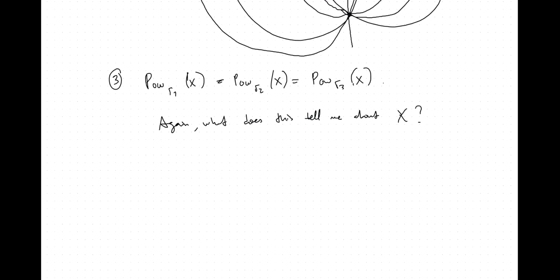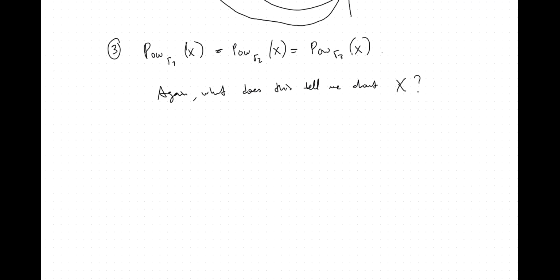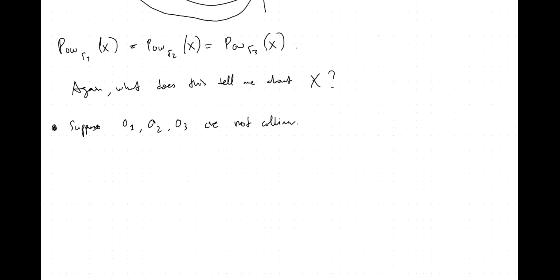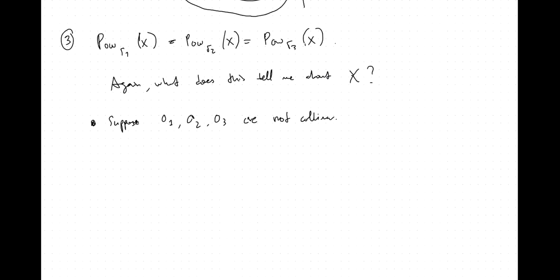Again, let's suppose, for the non-degenerate case, that O1, O2, and O3 are not collinear, okay? O1, O2, O3 are like this.